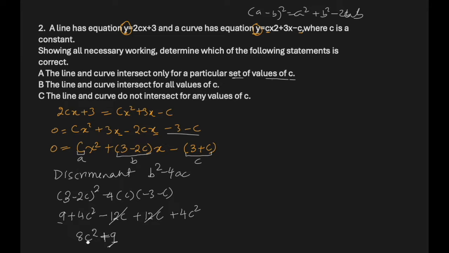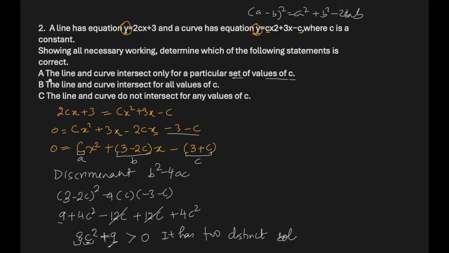This c square can never be negative because a square is always positive. 8 is positive, that means all three are positive, so we will get a positive result which is greater than 0. That means it has two distinct solutions.